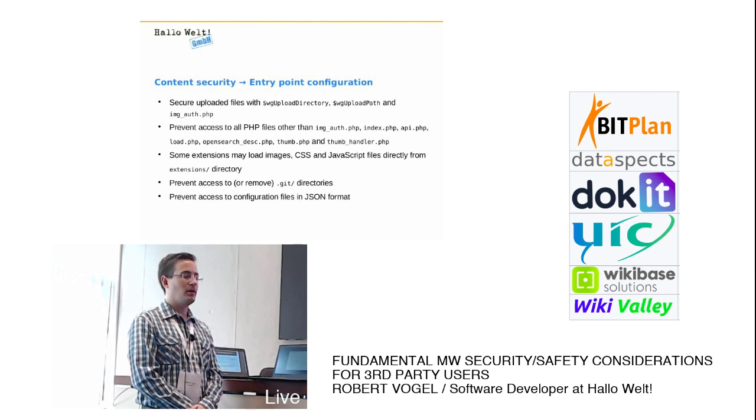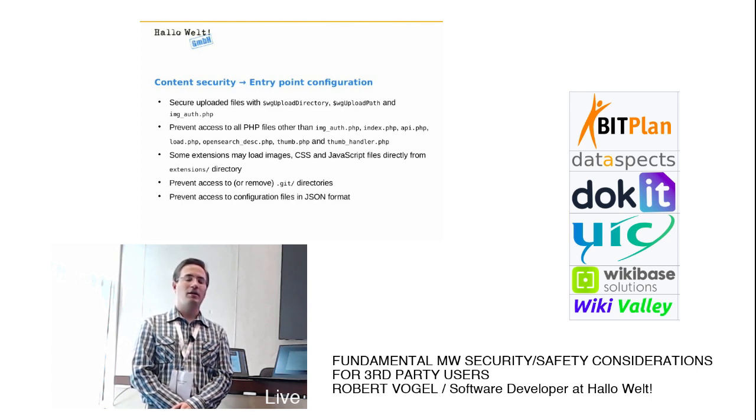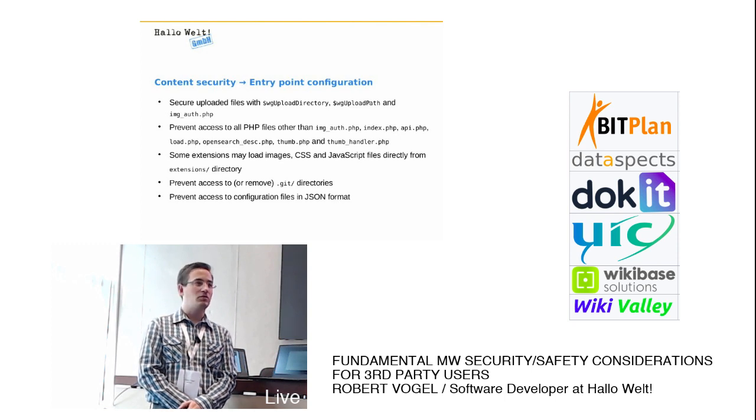If you do not prevent access to these directories or remove them, attackers may be able to access the index of that repository and read out sensitive data that might be in the commit messages or somewhere else.